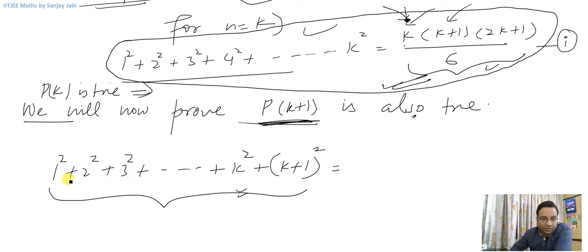So let us see. We will work on the left hand side only. We are not writing any right hand side.